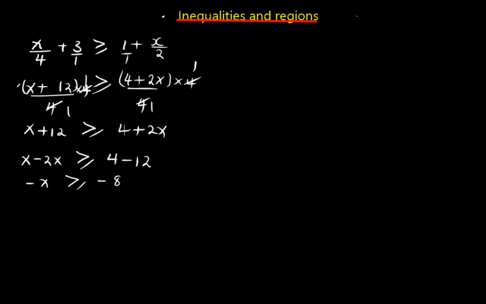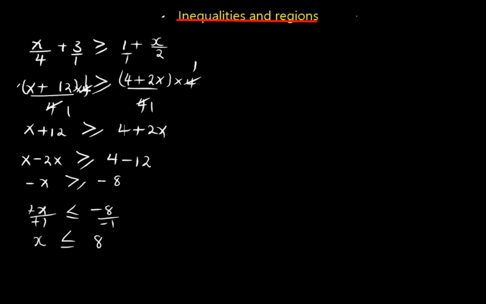And we say that when we are dividing with a negative, the sign of the inequality changes. And we shall have negative x divided by negative 1 less than or equal to negative 8 divided by negative 1. Negative dies away with the negative, and we shall have x is less than or equal to 8.